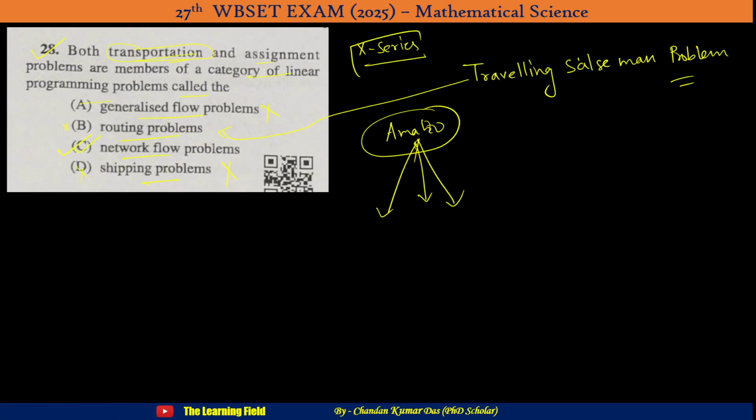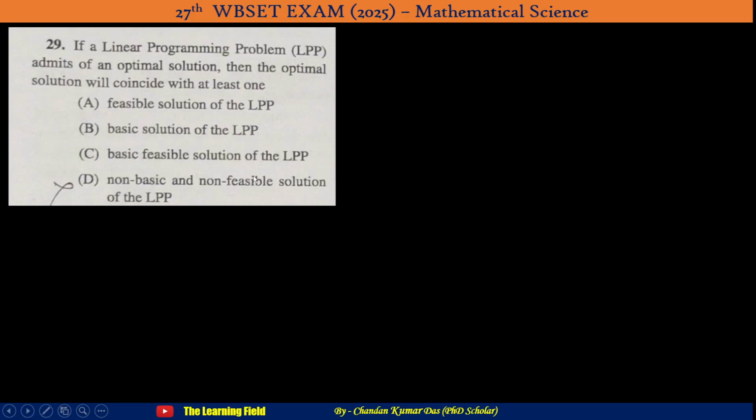So this is a theoretical and more general knowledge based question. If you have some basic knowledge of LPP, then you can definitely answer, if you understood the transportation problem and assignment problem. Otherwise this is a little bit difficult to solve.